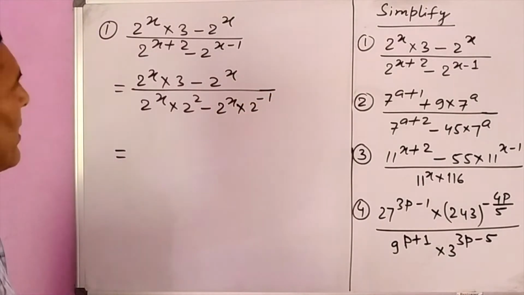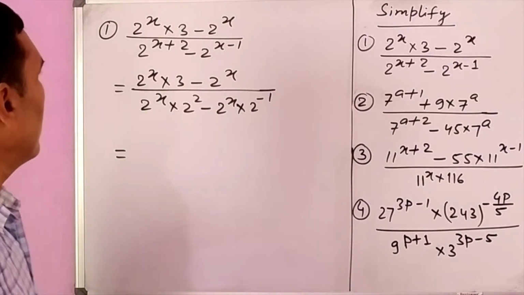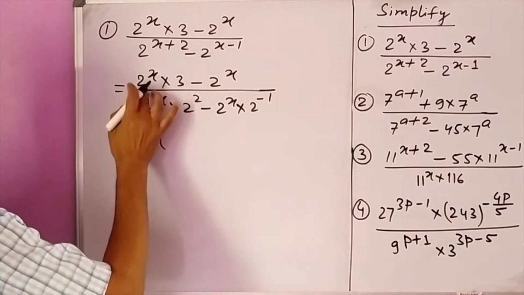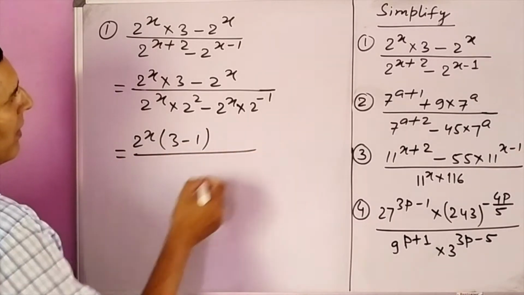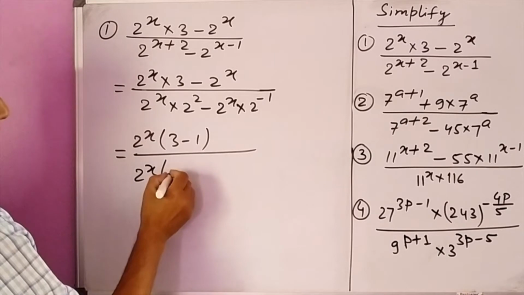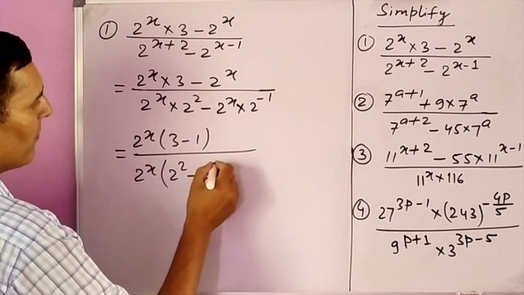Now in both numerator and denominator, the terms are separated by a minus sign, so 2 to the power x can be taken common. If 2 to the power x is taken common, what will remain? 3 minus 1. And similarly in the denominator, 2 to the power x common, so 2 square minus 2 to the power minus 1.